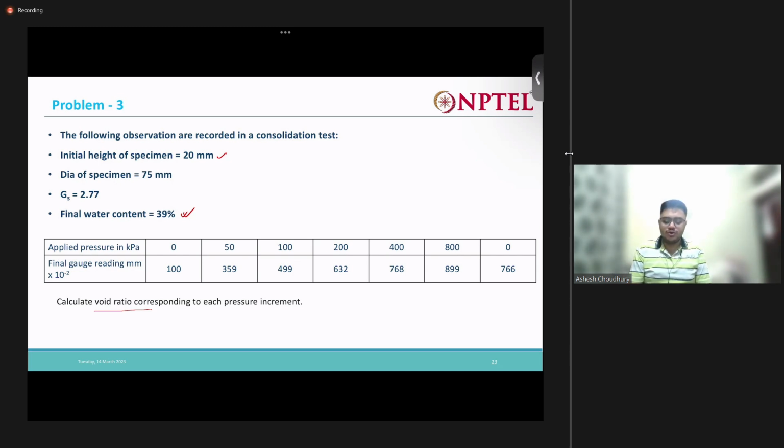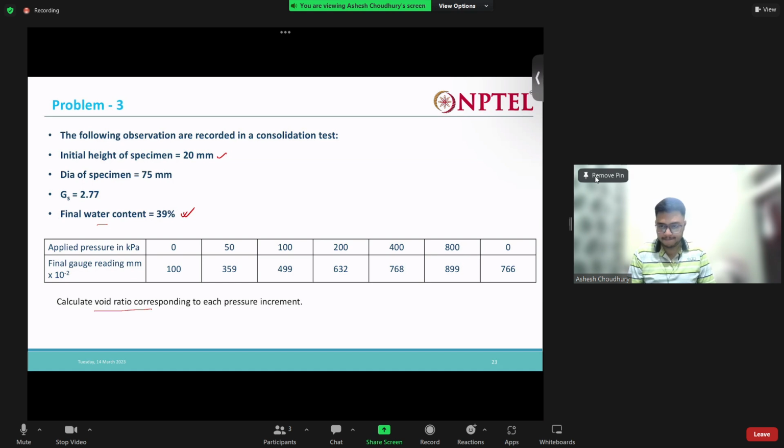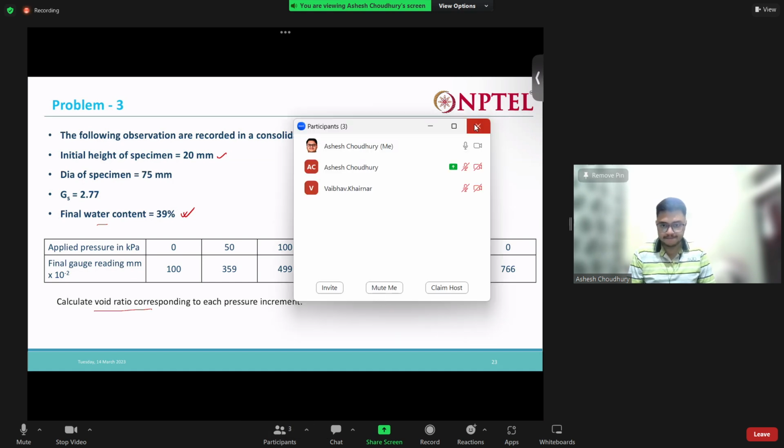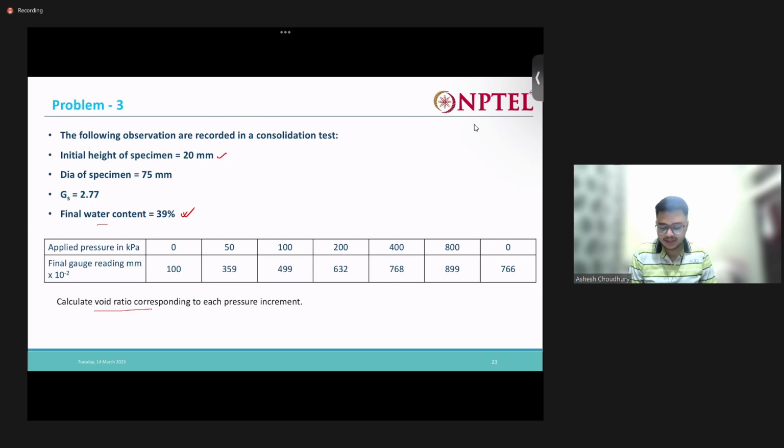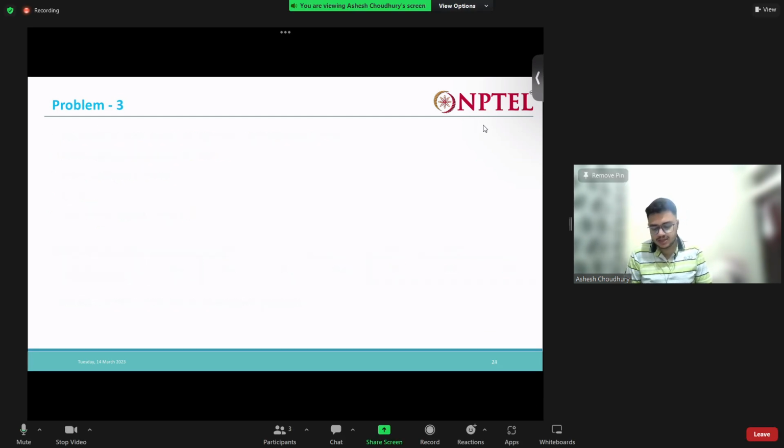My final water content is given, and Gs is given. From these, what can we calculate? We can easily calculate the void ratio at the end of the test.